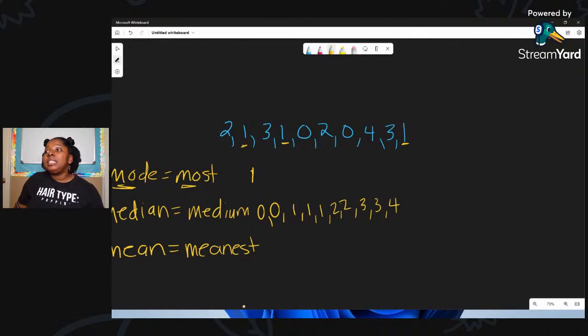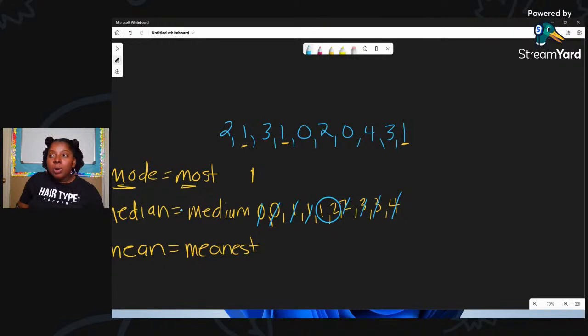Now, because there are 10 numbers, what's in the middle? So here's what I like to do. Check a high and check a low. Check a high, check a low. We just cross them off from both ends until we get to the center. Check a high, check a low, and look at that. I have 2 numbers in the center.